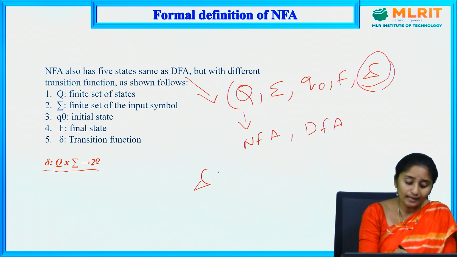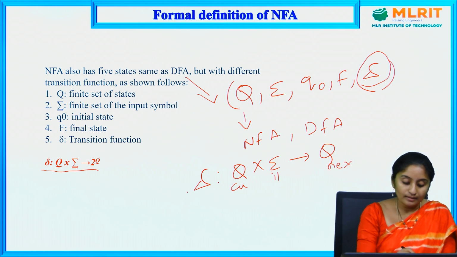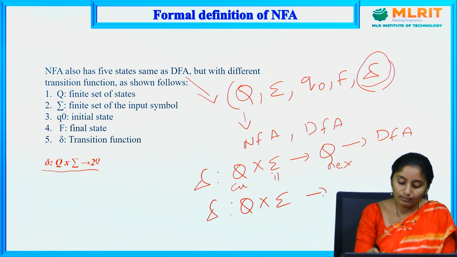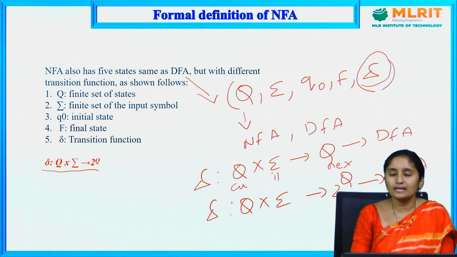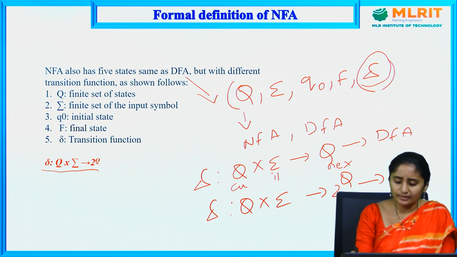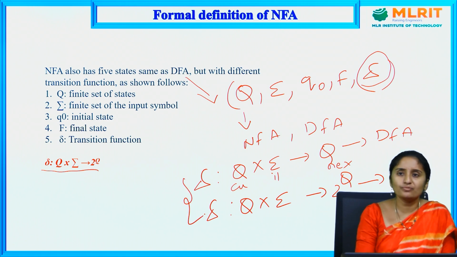In DFA, the transition function is Q cross sigma tends to Q, nothing but current state, input symbol and next state. This is for DFA. But coming to NFA, it is Q cross sigma tends to 2 power Q, the power set of Q. This is for NFA.